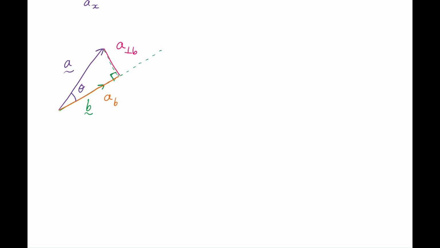If I'm imagining this now no longer as vectors, but just as a right angle triangle, so I'm only interested in the vector magnitudes, cosine of theta is going to be adjacent over hypotenuse, so the component of A in the direction of B divided by the hypotenuse, and because I'm just interested in the length of this hypotenuse, I'm just going to call that the magnitude of A.